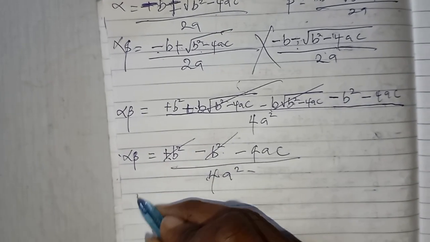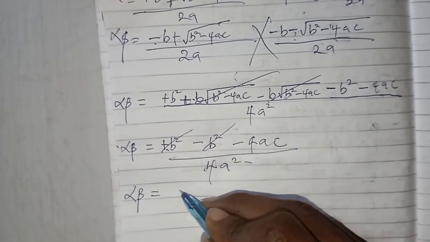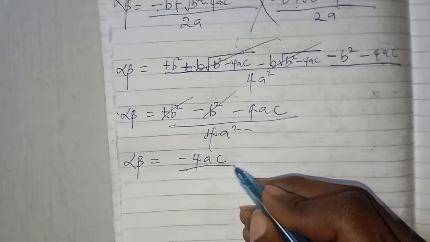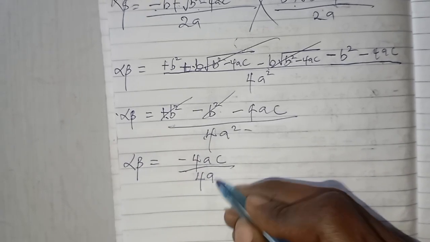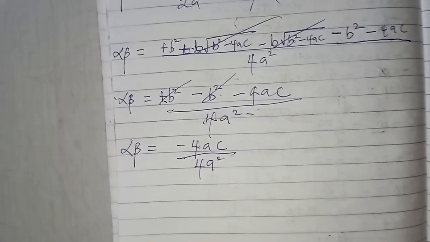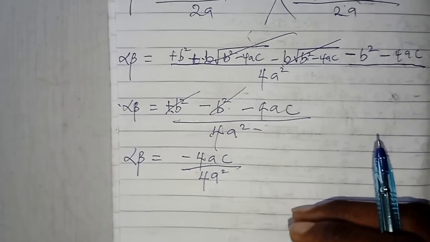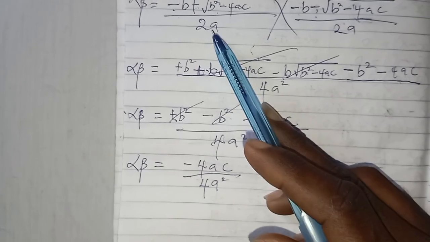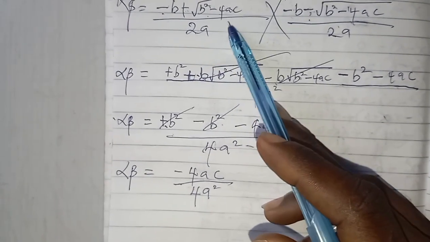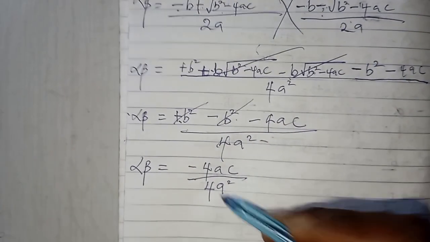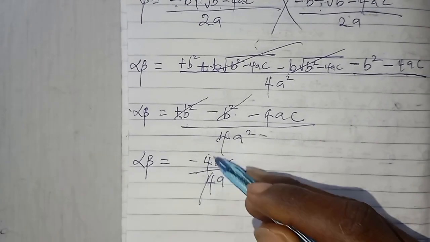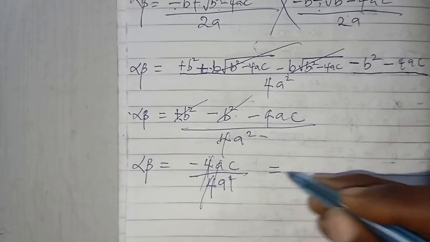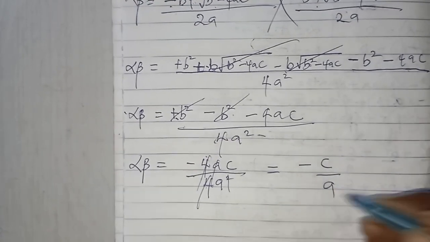So I now have alpha beta is equal to minus 4ac all over 4a square. Notice something. When these two things are multiplied, I will now have 4 here, this will cancel this, this will cancel this. So I now have minus c all over a.